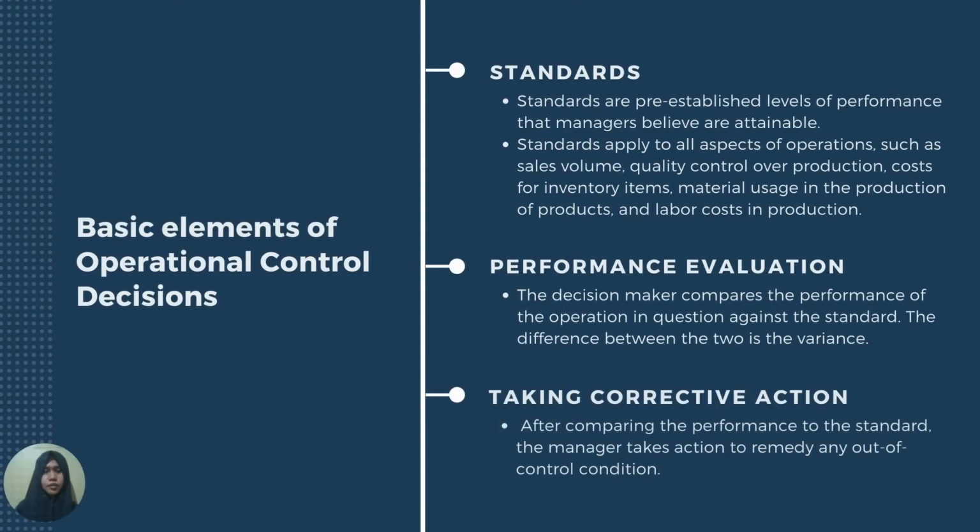So we have three standards or basic elements of operational control decision. We have the standards, performance evaluation, and corrective actions. So standards are pre-established levels of performance that managers believe are attainable, and these should apply to all aspects of operations such as sales volume, quality control over production, cost for inventory items, material usage in the production of product, and labor costs in the production.